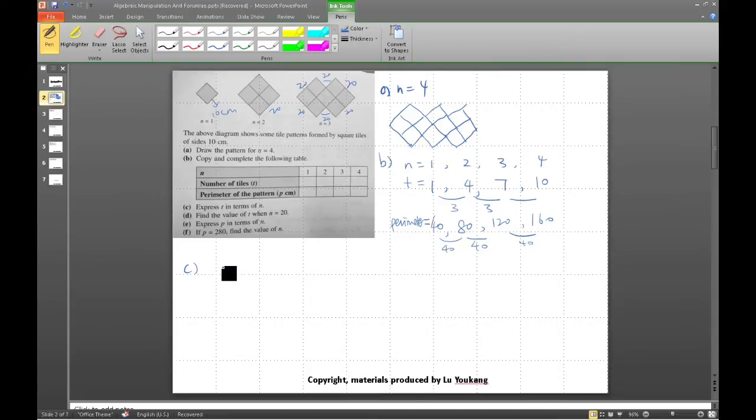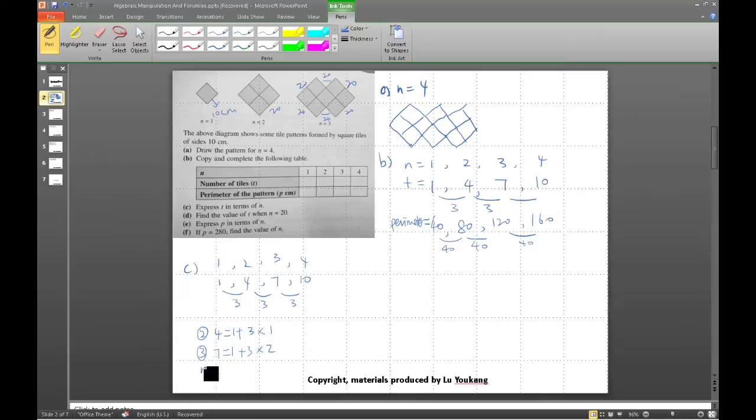Part C, express t in terms of n. Let me copy down: when n equals 1, 2, 3, 4, my t equals 1, 4, 7, 10. Addition of 3 in between each number. Therefore, when n equals 2, 4 equals 1 plus 3 times 1.